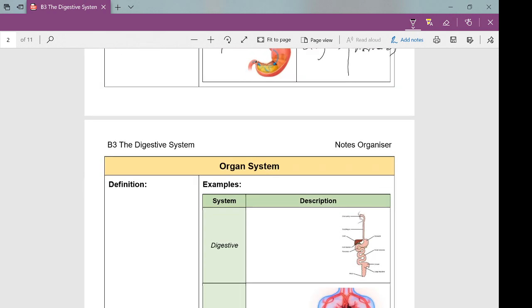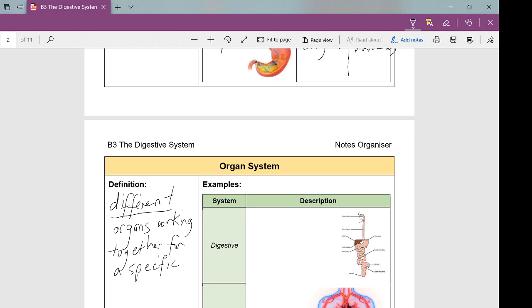So once again, the definitions are all pretty much the same except it's just the next level up. So different organs, instead of tissues this time, different organs working together for a specific function.